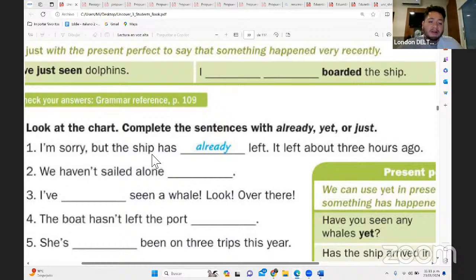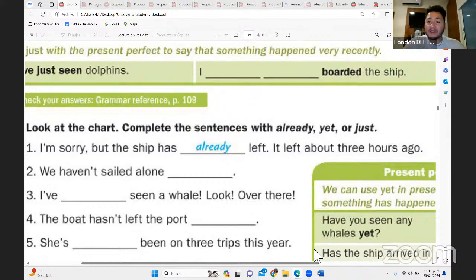Lo siento, pero el barco ya se ha ido. Entonces, already es como decir ya, esto ya se realizó. Lo vamos a usar sobre todo cuando alguien esperaba o no esperaba que ya se hubiese realizado. I have already eaten. Ya he comido. Ya no quiero. I have already eaten. No more food, thanks.